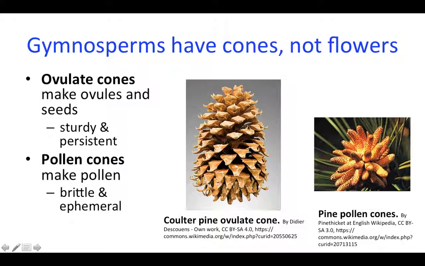The tree does not want the cone to break off before that process is complete, so it's going to make a sturdy cone. For pollen, all that has to happen is the pollen has to get made and released into the wind to disperse. So as a result, the pollen cones are nowhere near as sturdy. They're brittle, meaning that they can break, and they're ephemeral, meaning that they fall off pretty quickly.